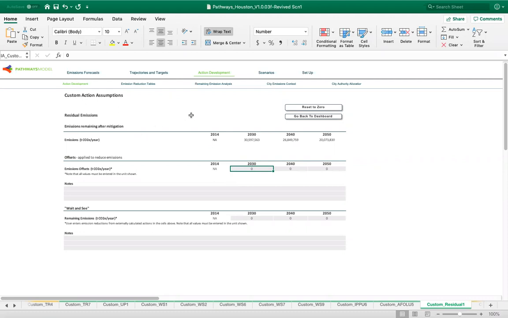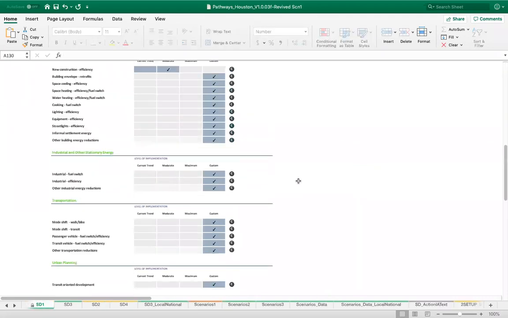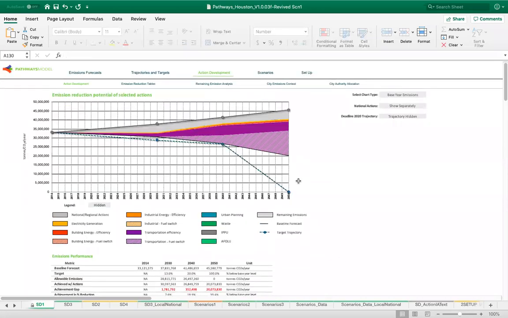So it's not an offset calculator. All it is doing is providing another piece of the wedge to potentially fill in this gap here. There's no calculation capability for offsetting.